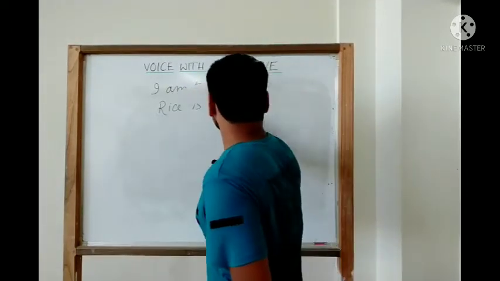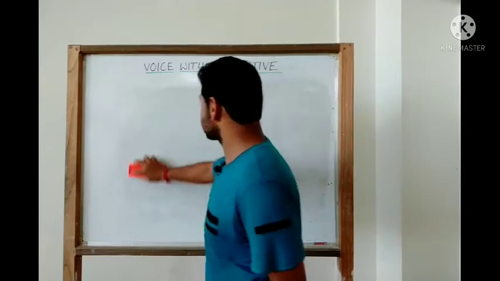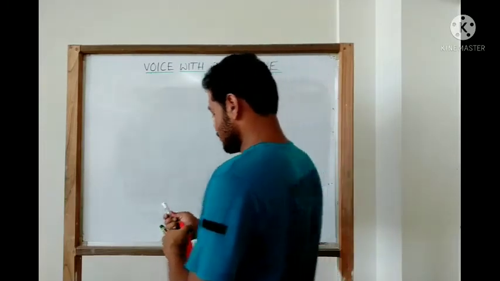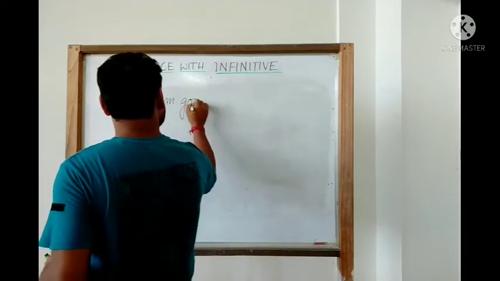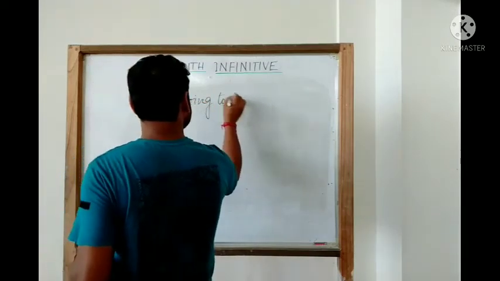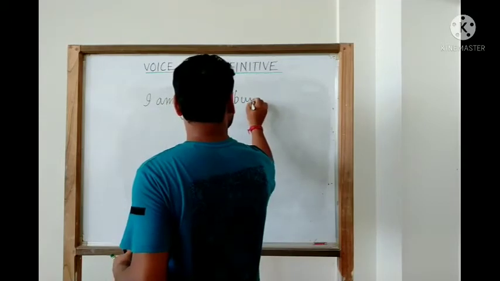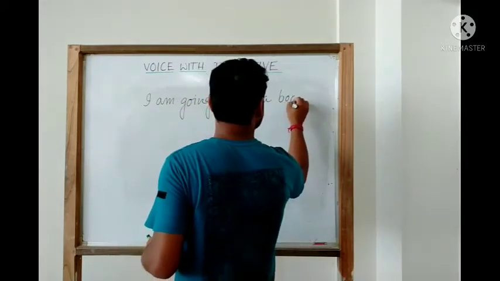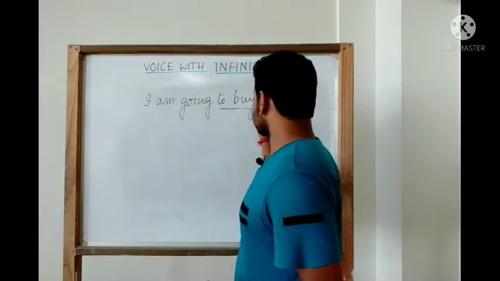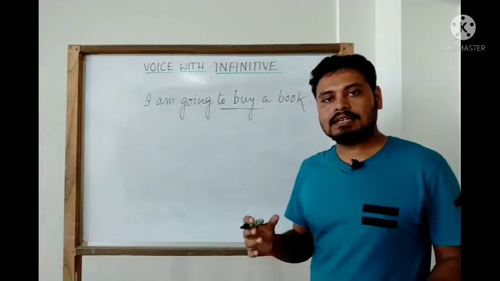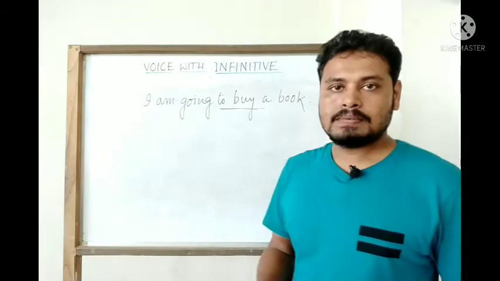So for example, if I write like this, that I am going to buy a book. Here also you can see to buy is there, so we can say it as an infinitive.